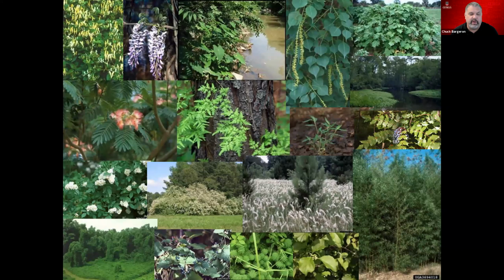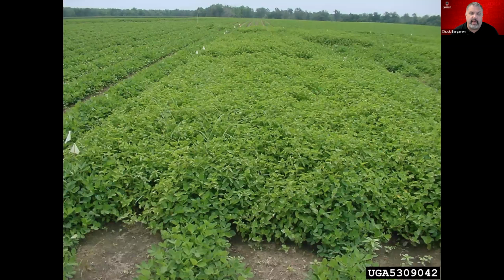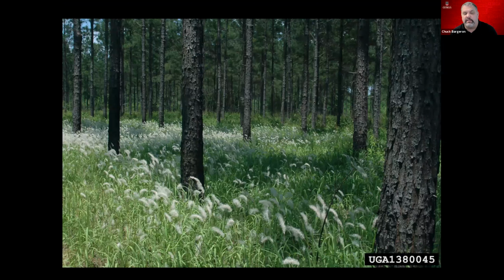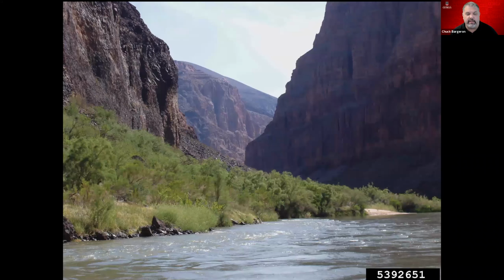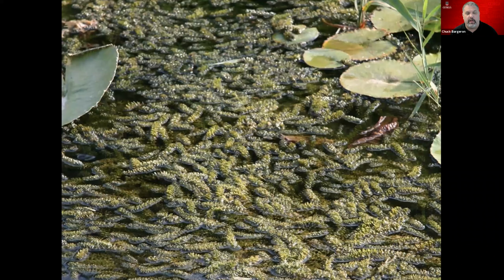But in reality, there are a lot of these species that are really problematic, and we choose them for different reasons, because they're attractive, because they're easy to grow, and we plant them in our landscapes. Then they get into our forests, they get into our natural areas, and they take over everything else and form this monoculture that becomes very difficult to control.